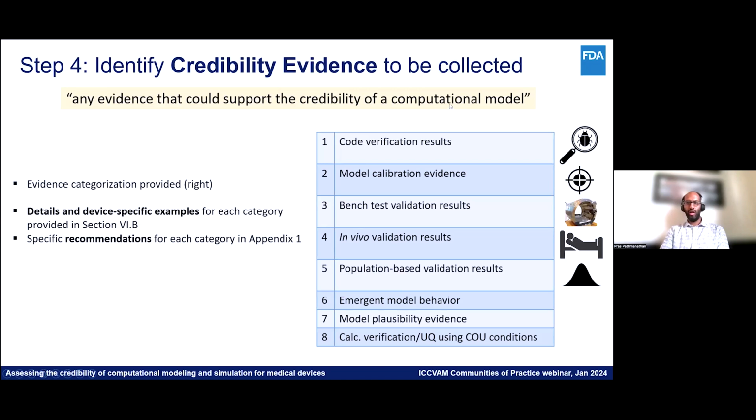So the first one is code verification. As I mentioned, code verification is basically testing to ensure that a model has been correctly implemented in software. So basically looking for software bugs. Next one is related to model calibration. Calibration is fitting, tuning, varying parameters so that a computational model matches experimental data in some way.